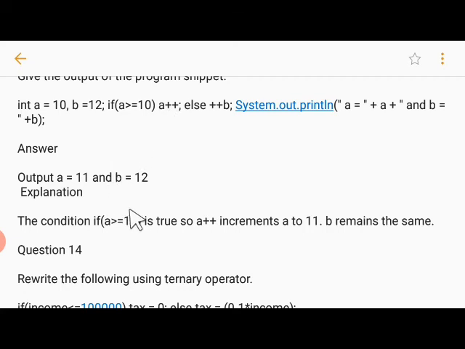The condition is true, so A++ increases A to 11, and B remains the same. Because the else has not been executed, A will become 11, because earlier it was 10, and B will stay 12, because ++B has not been executed at all.